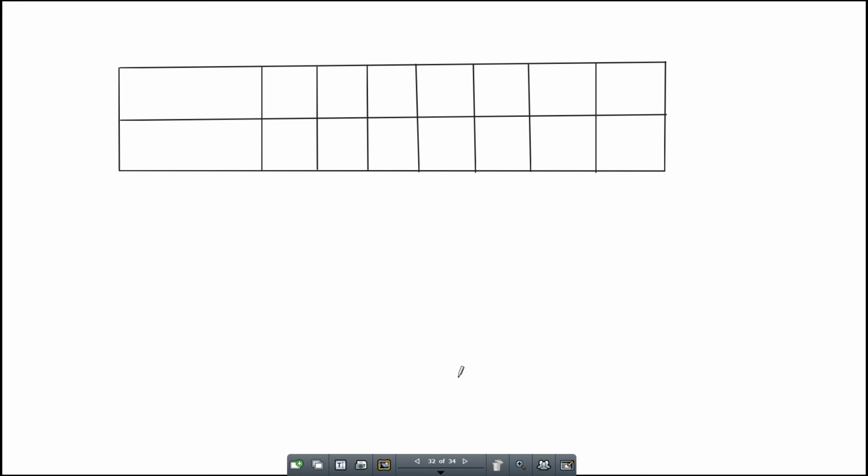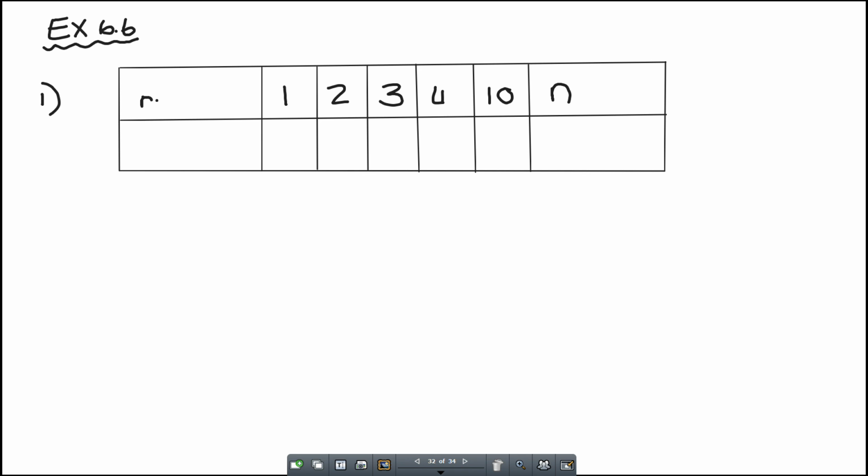Right, now we're busy with exercise 6.6. All right, so this was the number of houses.